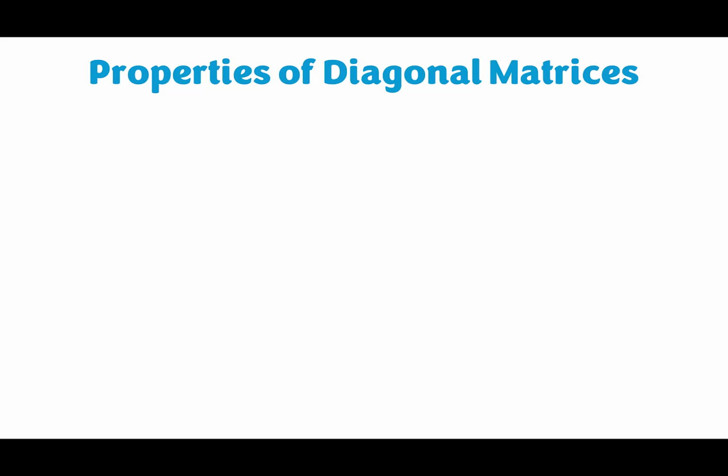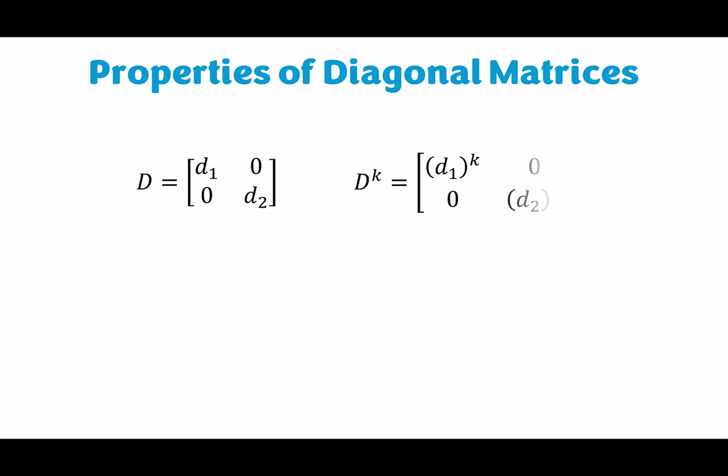Now let's summarize those properties of diagonal matrices that we just saw. If you have a diagonal matrix where the entries are D1 and D2 on the diagonal, then if you raise that diagonal matrix to some power, really just taking the entries and raising it to that power.